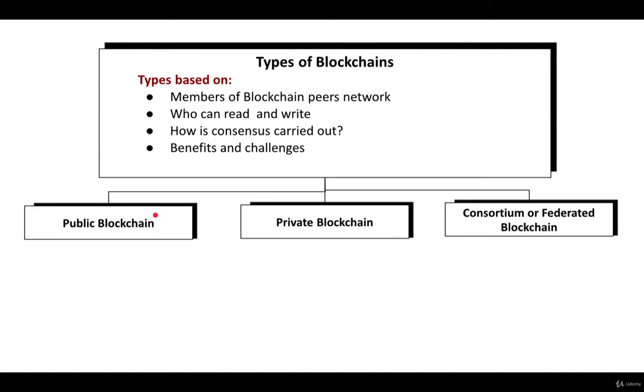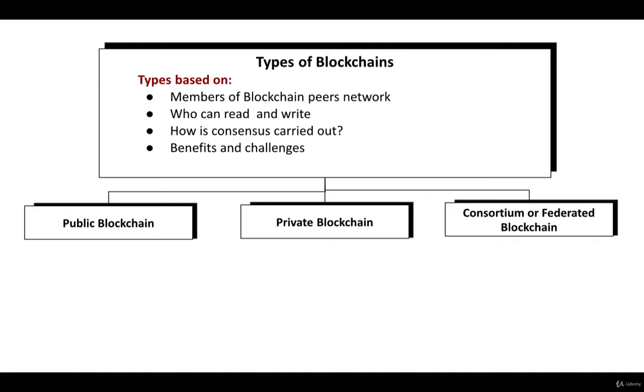So if you want to define a public blockchain, what you need to note is that the code required to operate a public blockchain is open and everybody has right to it. Anyone can perform the transactions on the network as long as they are valid.